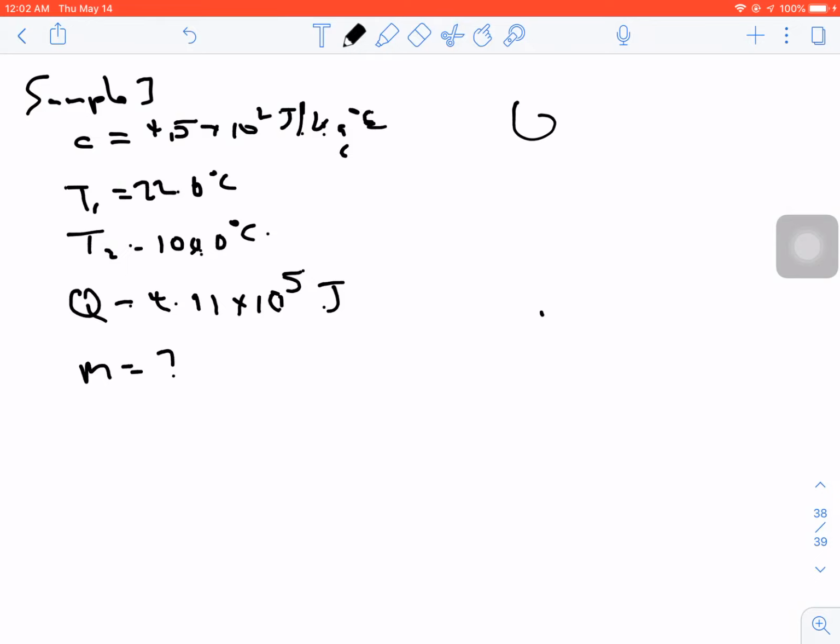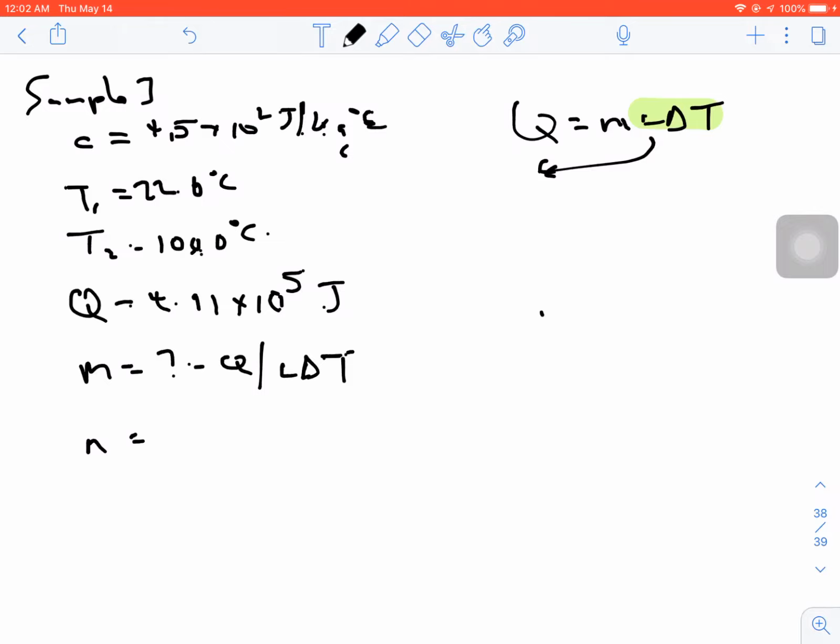If I know that Q is mcΔT, I'm going to take my CΔT from here and move it down to the denominator under the Q. So I'll end up with m equals Q over CΔT. Right? And I'm going to put my numbers in now.